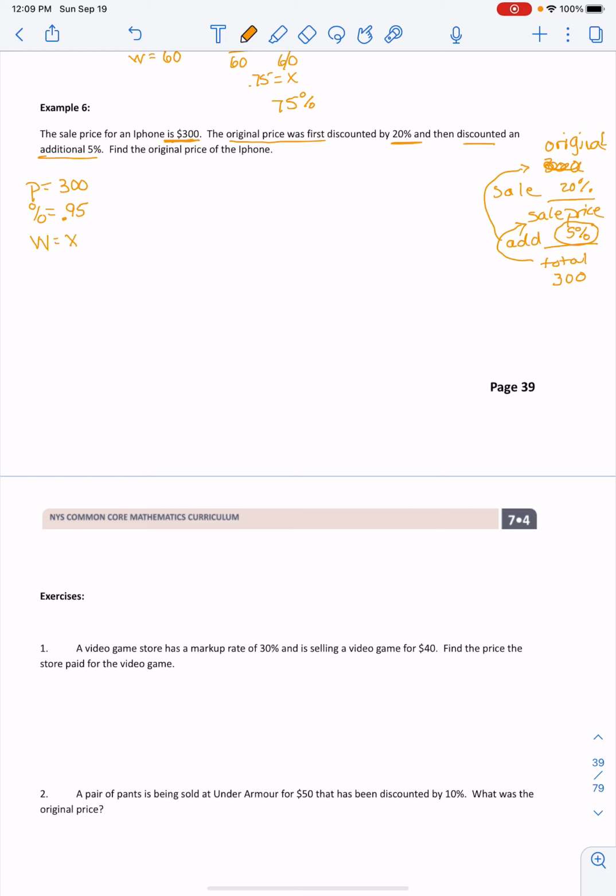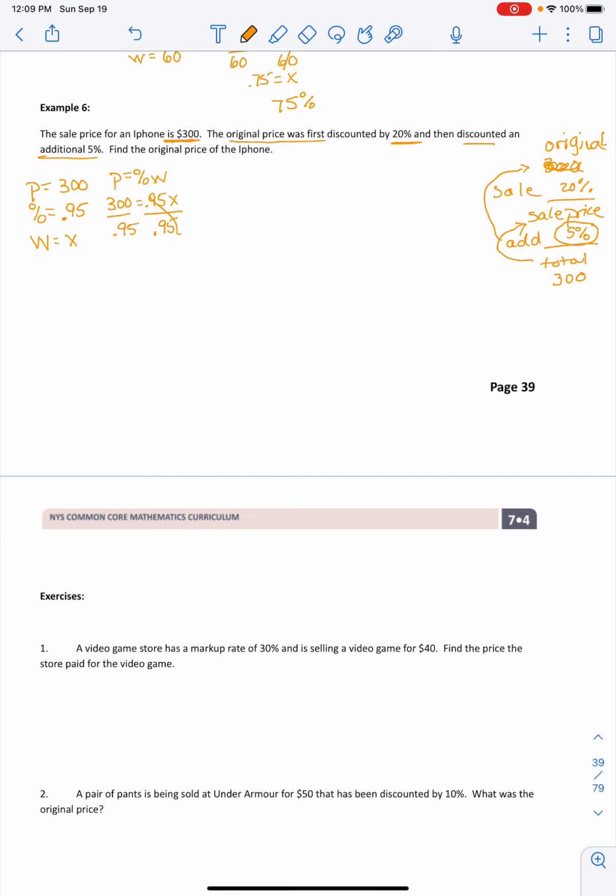And we need to find what our original price was. So we have P percent times W. So we have 300 equals 0.95 times X. So we're going to divide both sides by 0.95.